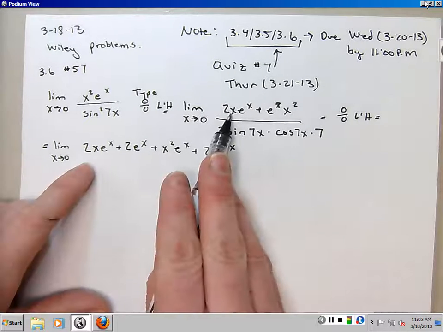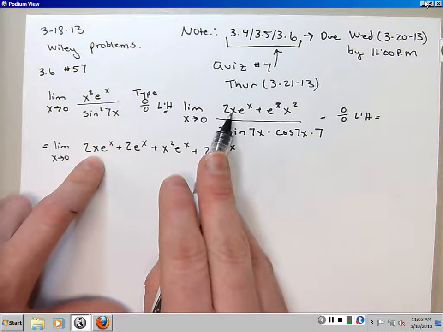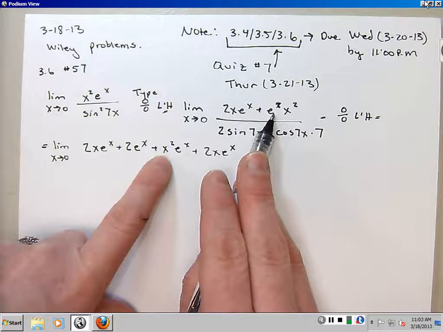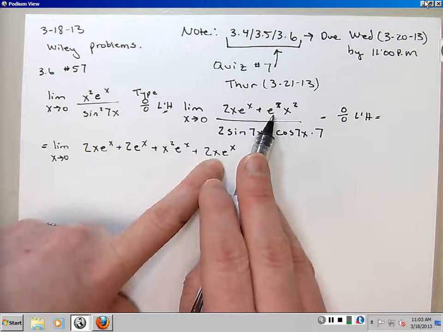The derivative of 2x is 2, so I have 2 e to the x. The derivative of e to the x is e to the x, so I have 2x e to the x. Plus the derivative of e to the x, which is e to the x, times x squared, plus the derivative of x squared, which is 2x, times e to the x.